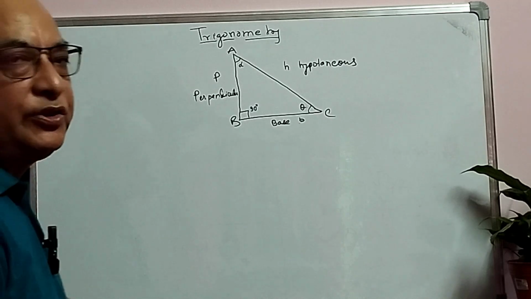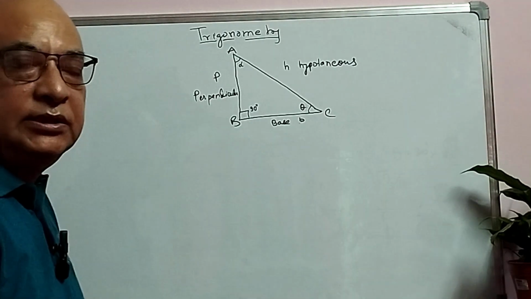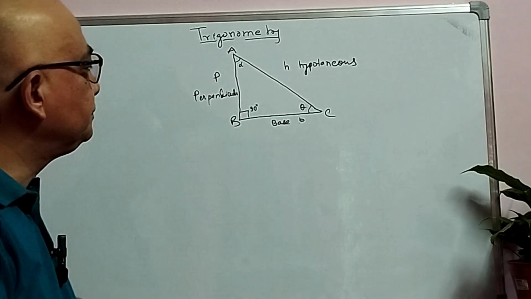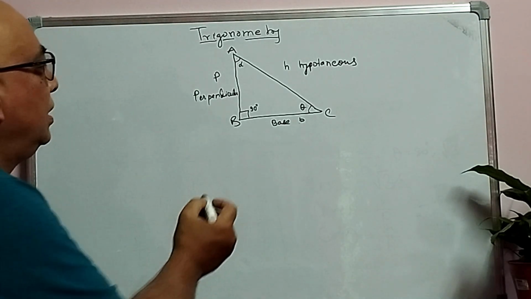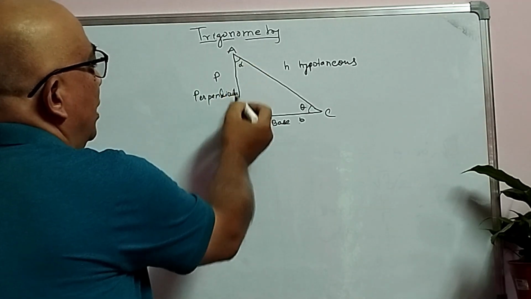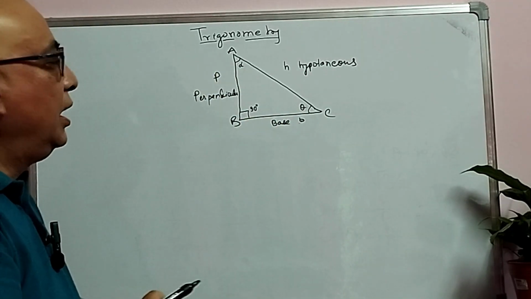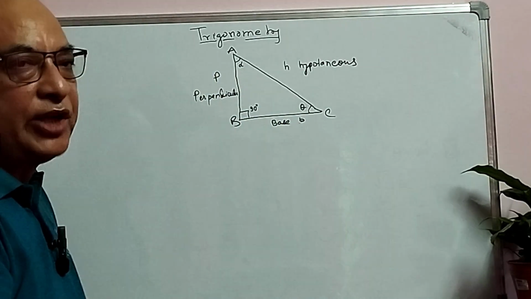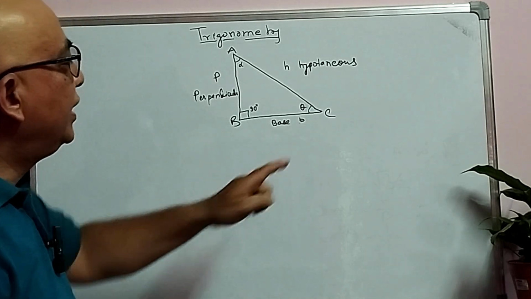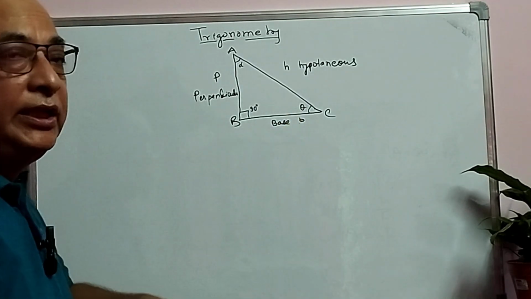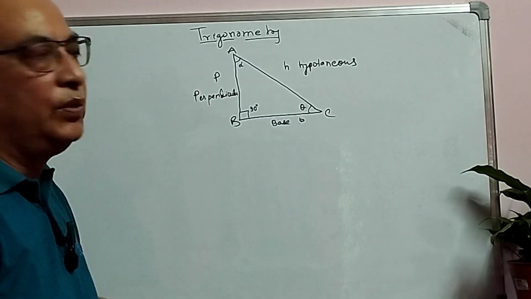One thing is very interesting in the subject of trigonometry, and that is the ratio of the sides. For any two sides of the right angle triangle, for a given angle of reference, the ratio remains constant always.